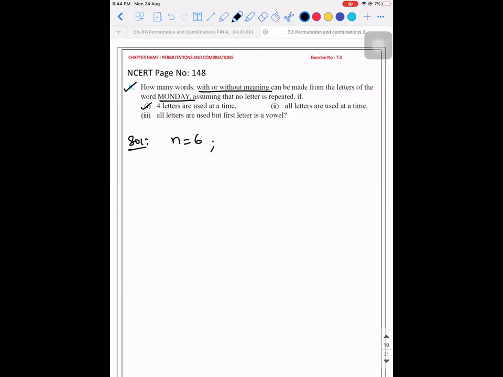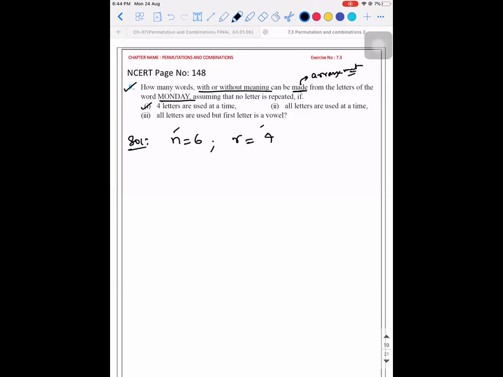You have 6 objects in your hand. Are all the 6 objects different or same? Different, sir. And what is the requirement? How many blank spaces do you have? 4, sir. So n is 6, r is 4. Made means arrangement. Arrangement means permutation.